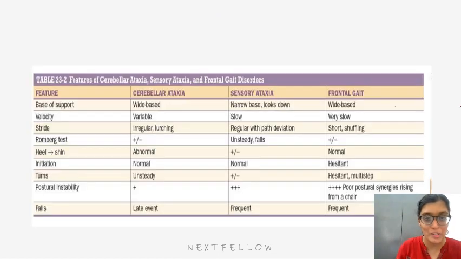Now coming to a very important chart: the difference between cerebellar ataxia, sensory ataxia and frontal gait. It is a wide-based gait in case of frontal gait as well as cerebellar ataxia, while sensory ataxia is a narrow-based gait, and the patient looks down. The velocity is variable in cerebellar ataxia, slow in sensory ataxia and very slow in frontal gait.